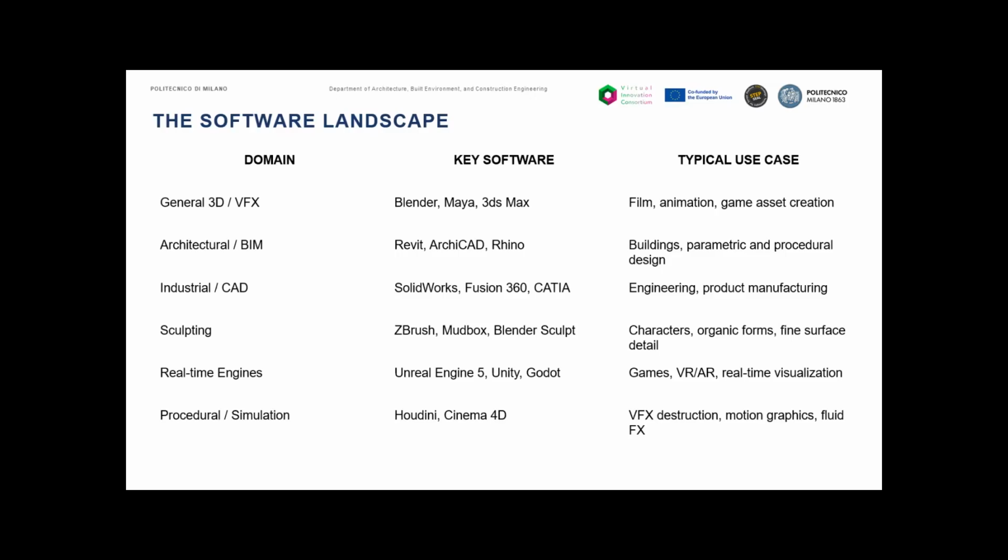So for general 3D production and VFX, Blender, Maya, 3ds Max are very, very useful. For architectural and BIM workflows, ArchiCAD, Revit, Rhino also. Then we have industrial design, organic sculpting, real-time visualization, rendering engines, procedural generation and VFX simulation.